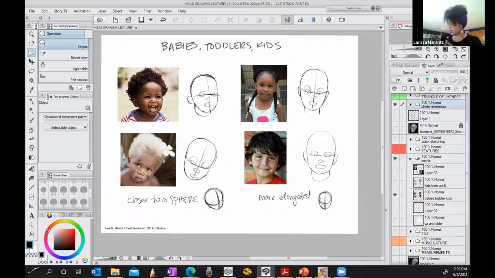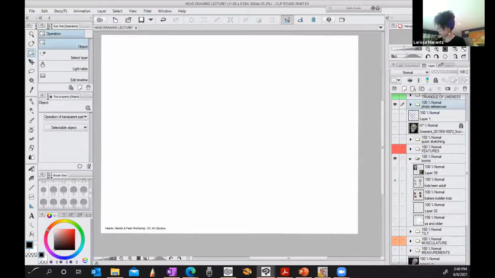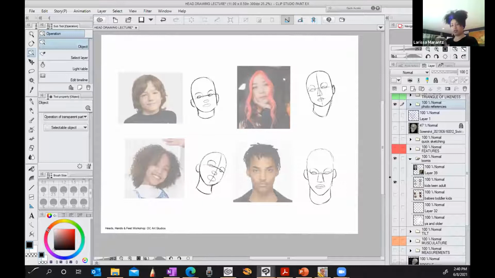The shape is different. As a child gets older, the face shape starts to get a little more elongated, but the features still stay in a really small area of the face. The features are all still kind of together, but the shape is starting to elongate. You're still using your basic sphere and measuring those things, but now the placement of the eyes is changing.